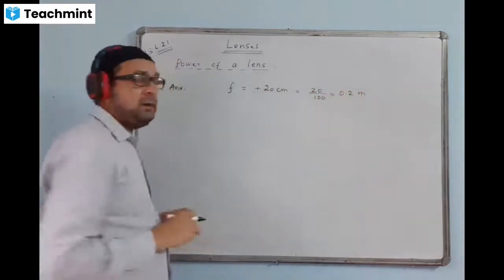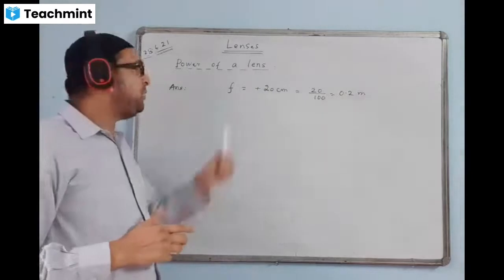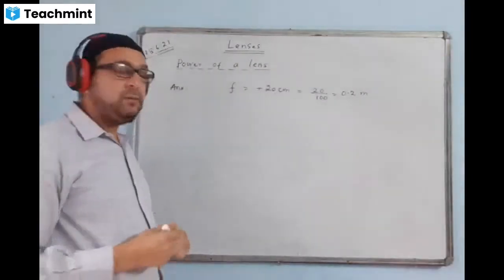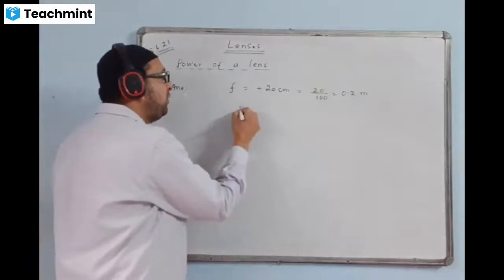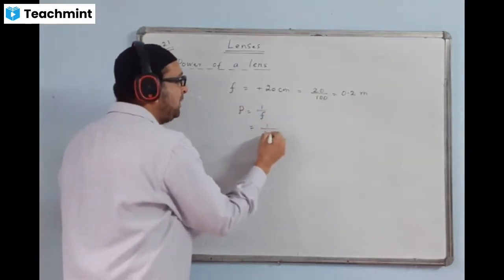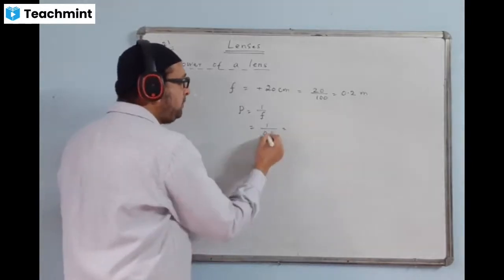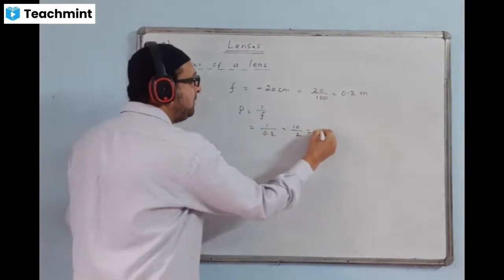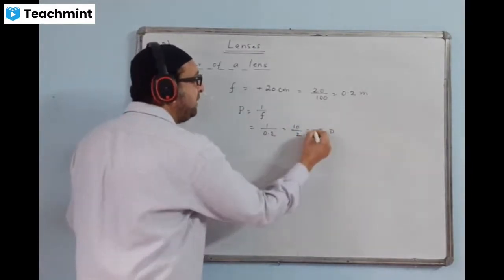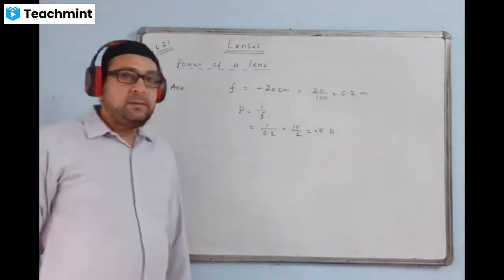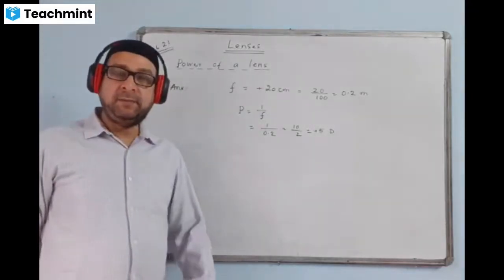Keep the unit of focal length in meter if it is not mentioned in the question. Now use the formula of power: power is 1 by F, 1 by 0.2. The point will go, 0 will come here, you get 10 by 2. The answer is 5. Unit will be D, and here we put a plus sign. Power of the lens is plus 5D.